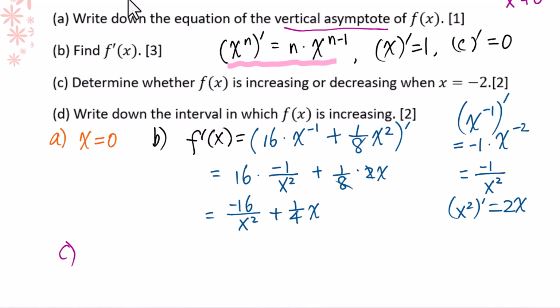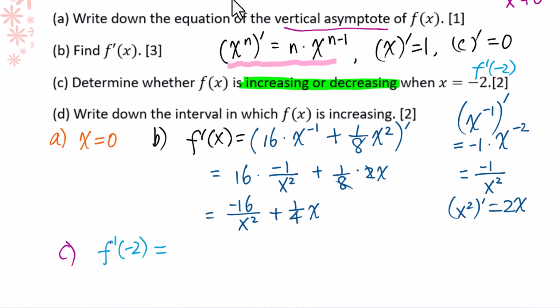Determine whether f of x is increasing or decreasing when x equals negative 2. We do know increasing or decreasing based on f prime of negative 2. So we need to figure out f prime of negative 2. There are two ways to work this out.